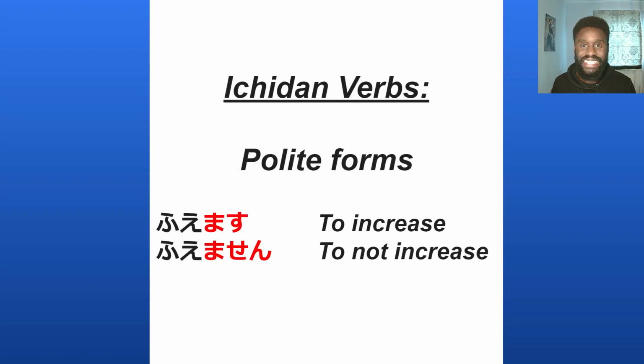So for Ichidan verbs, in order to get the polite positive and negative, we use, for argument's sake, the second row and add mas for positive and masen for negative. However, the first, second, fourth and fifth lines are all identical.